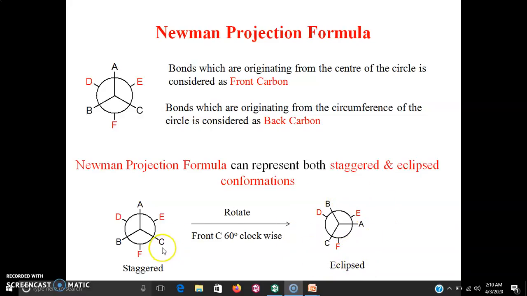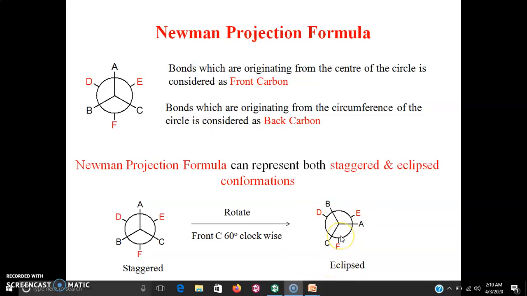Coming to the staggered Newman projection formula, you can see that the groups are in maximum separation. That indicates that there is less repulsion between them, which leads to more stability. So staggered conformation is the most stable conformation. Next we consider the eclipsed conformation. Here we can see that the groups are in closest proximity, so the repulsion is maximum.